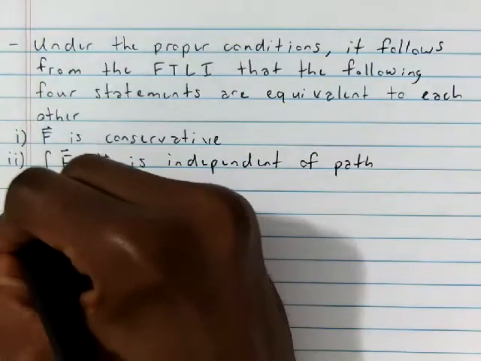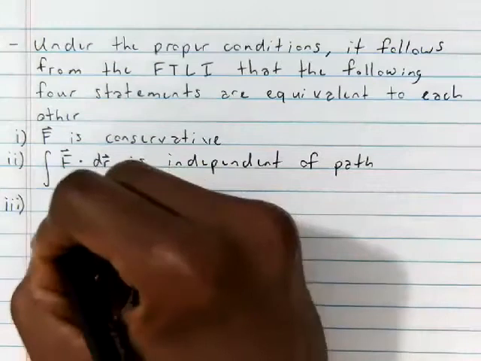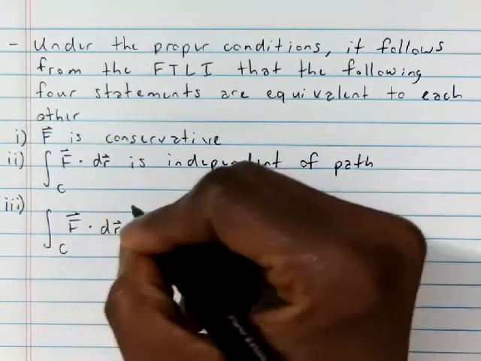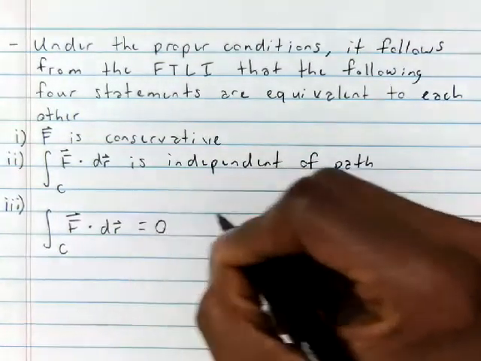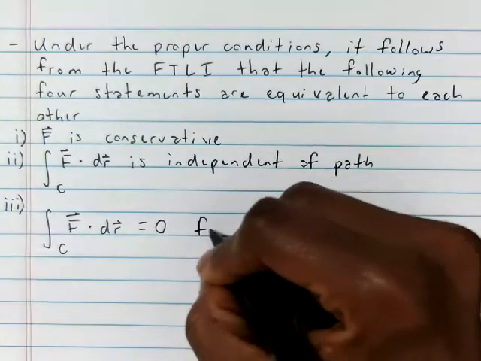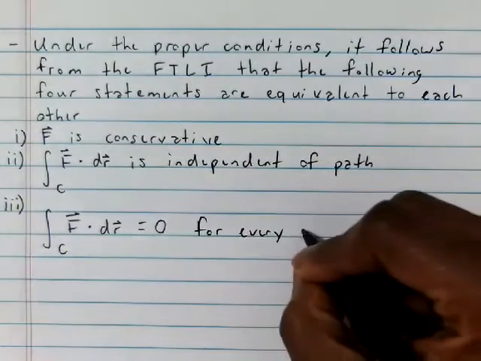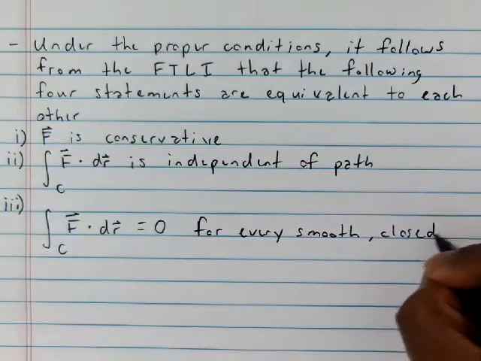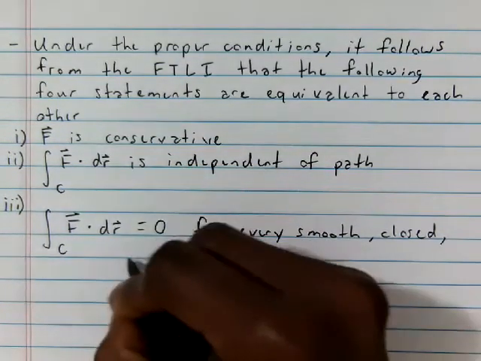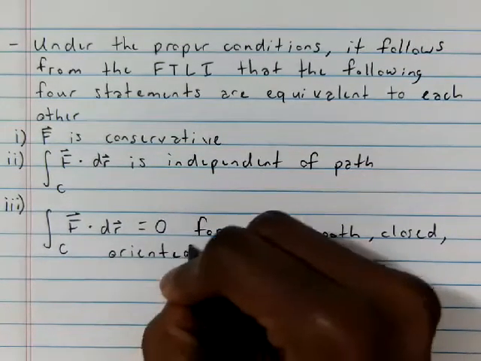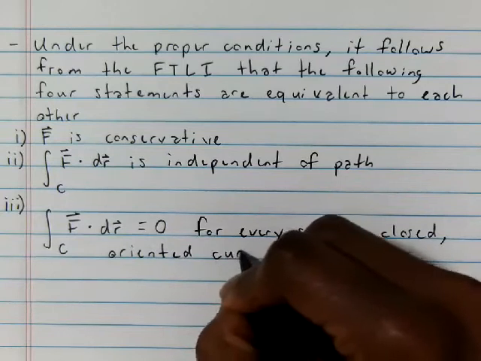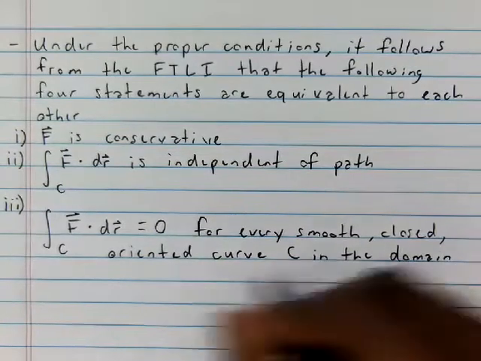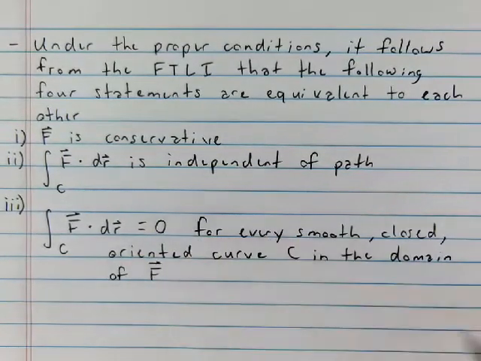Third is that the line integral over C of F dot dr equals 0 for every smooth closed oriented curve C in the domain of the vector field F.